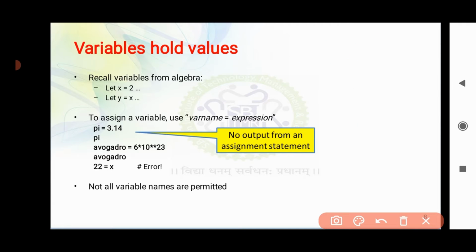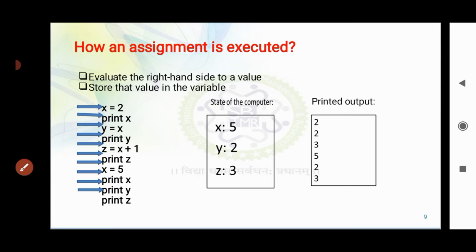So next we have how an assignment is executed. If we are assigning any value to a certain variable, then we evaluate the right hand side to a value, and that value will be stored into the variable. Let us have a look at the example given here. Initially x is equal to 2.